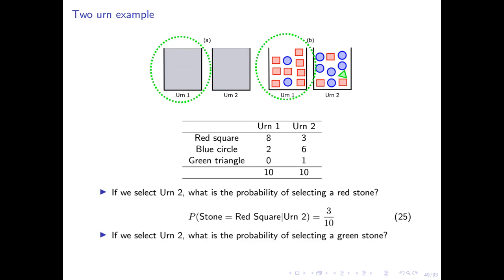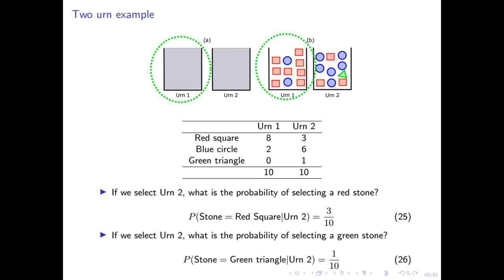For urn 2, you can follow a similar process. The probability of selecting a red square is 3 out of 10. So the probability that the stone is equal to a red square, given the fact that we've selected urn 2. So we know we've selected urn 2, so this is what this notation means. We've selected urn 2, what's the probability of selecting a red square?